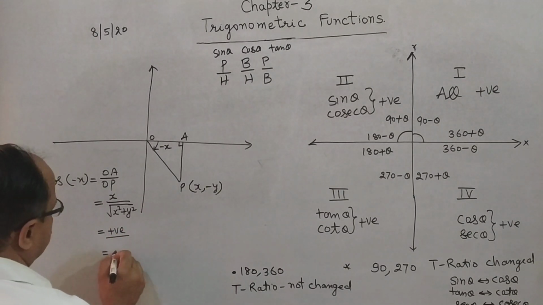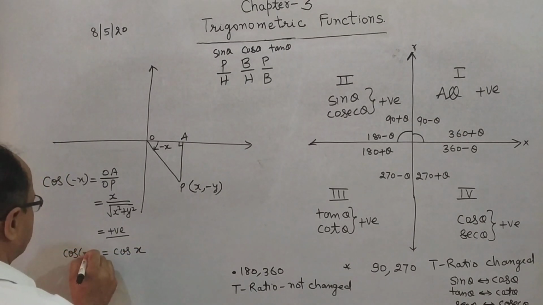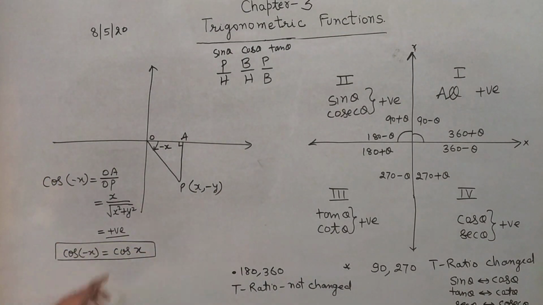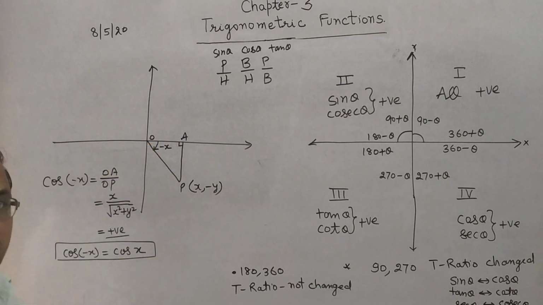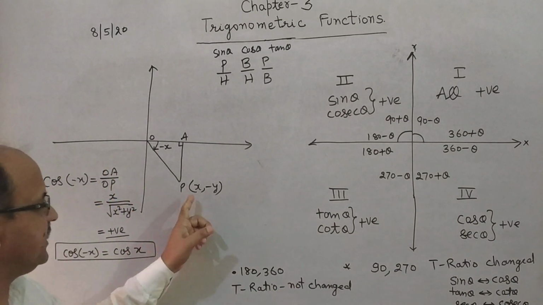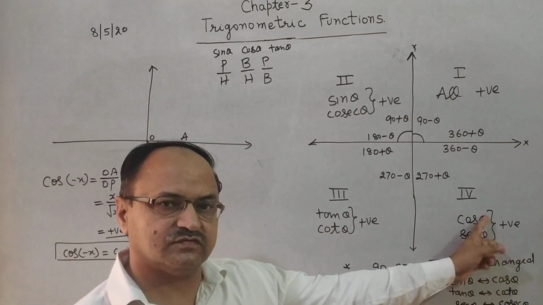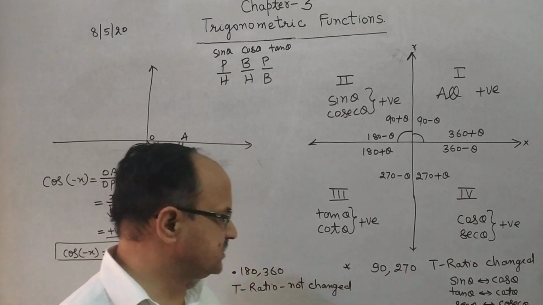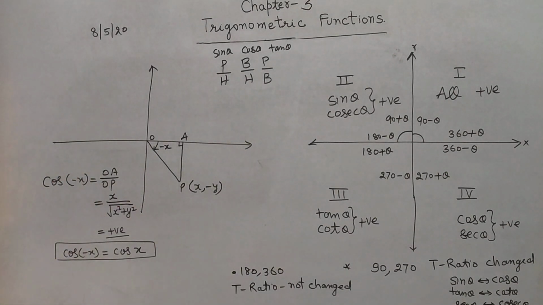So therefore you can say cos of minus x is cos of x. Similarly, you can say sec of minus x is OP upon OA, the same procedure, positive. And you know that in fourth quadrant, cos and sec are positive, and the other 4 t ratios negative. So this is the important point.